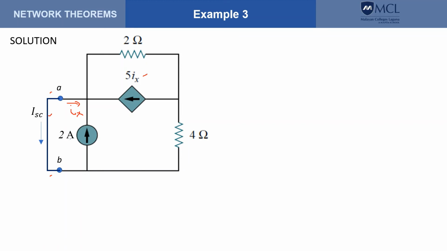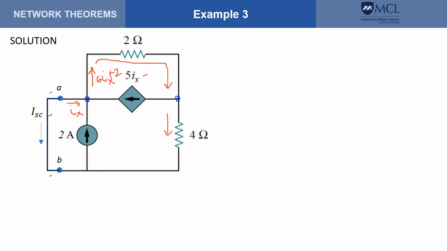We can apply KCL on this node to determine this current, and that should give us 6I sub x. Okay, so 5 plus 1 here plus 2 amperes. So that current flows towards this node, and again applying KCL on this node to get this current.